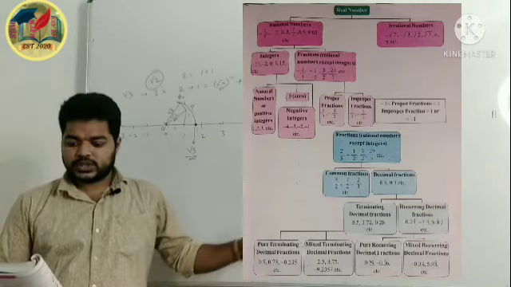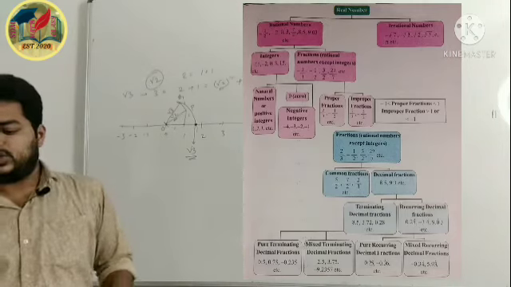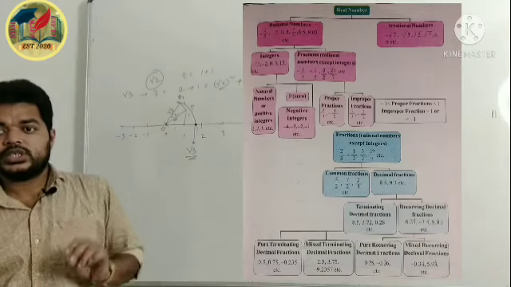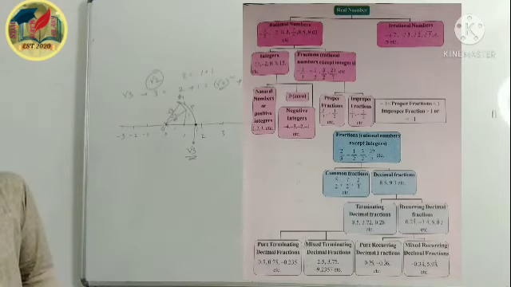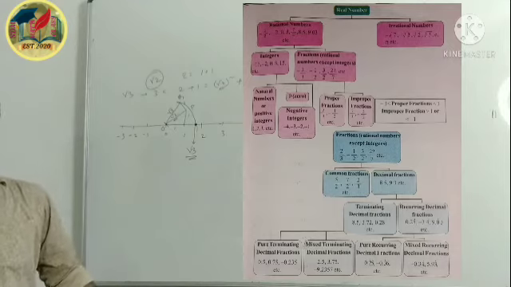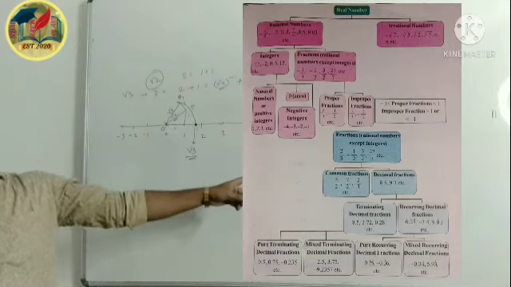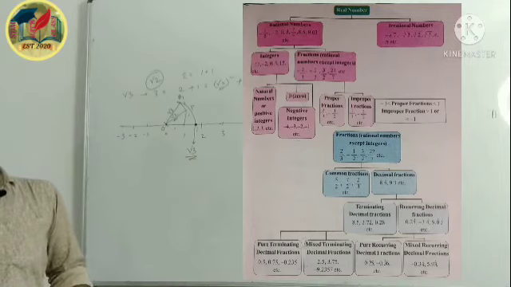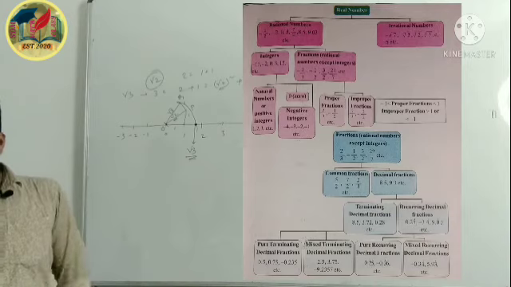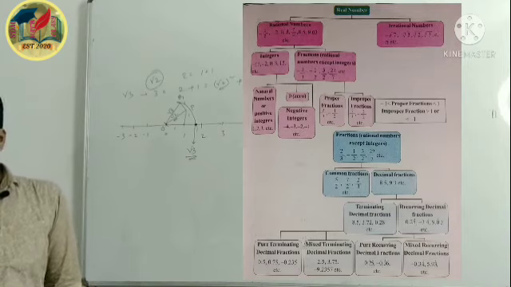Integers are of types natural numbers, 0 and negative integers, and fractions are of types proper fraction and improper fraction. The fraction which is greater than 1 is called an improper fraction, and the fraction which is less than 1 is called a proper fraction. Clear?